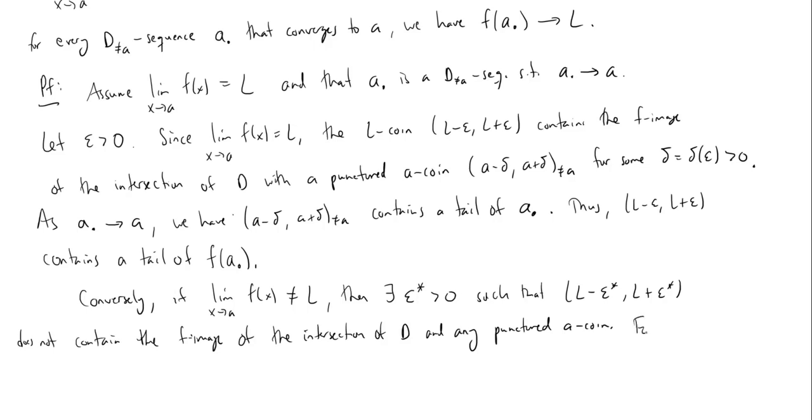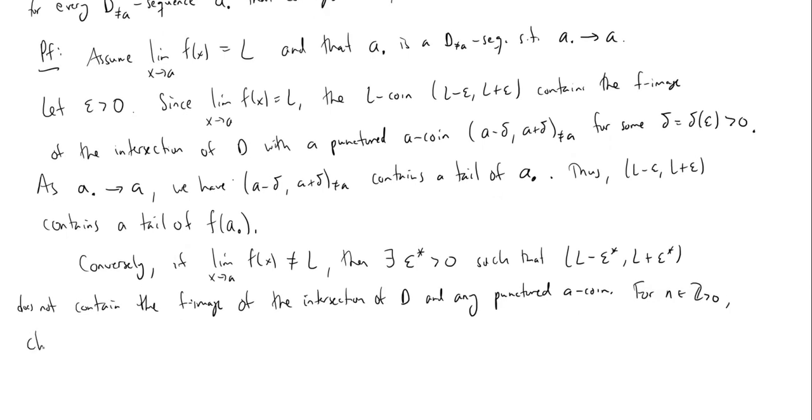So let's take some natural number n, and I want to choose a point which I'm going to call a sub n. Okay, remember there's no sequence yet, right? And I want to build a sequence.